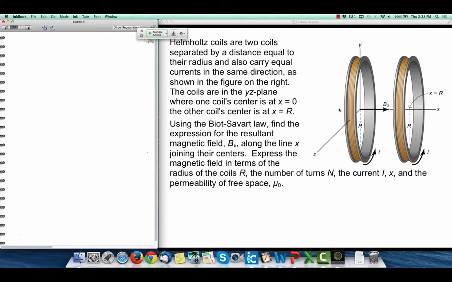So it points through the coil along the x-axis, to the right all the way along the x-axis. The magnetic field due to the second coil, wound the same way, current the same way, also points to the right along the x-axis. So those two magnetic fields add together. They're both pointing in the same direction, so they add together.